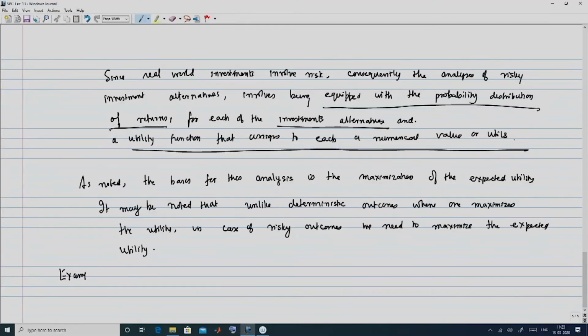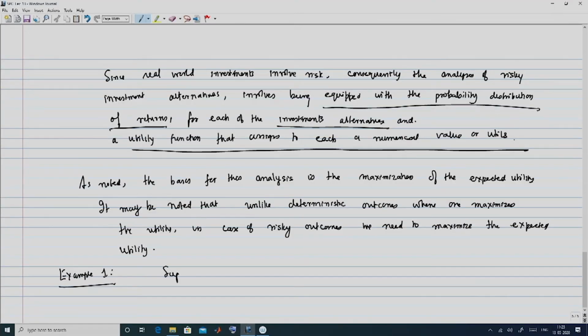The first one is a very simple generic example, and the second one is going to be a specific example involving multiple assets and multiple investors, for each of whom we assign a different utility function depending on their risk preference. So, first we look at example 1.